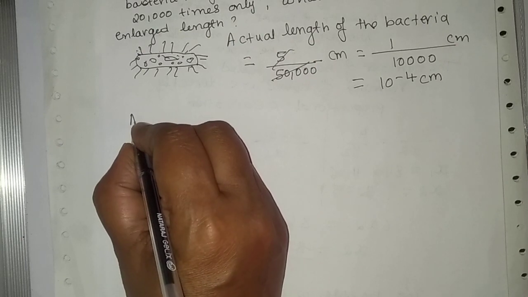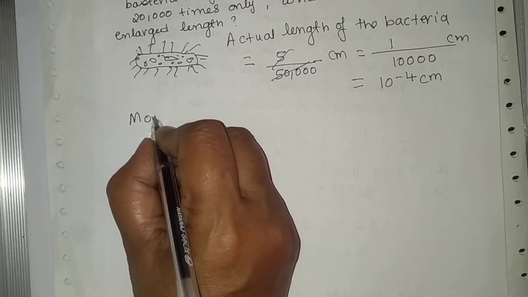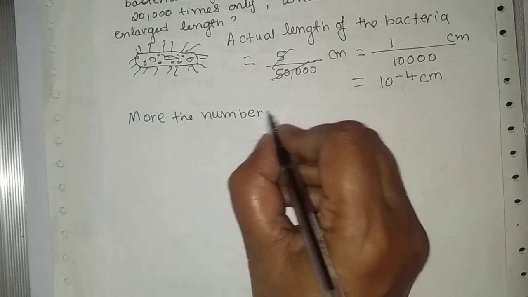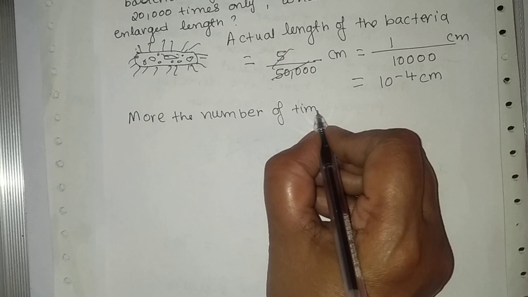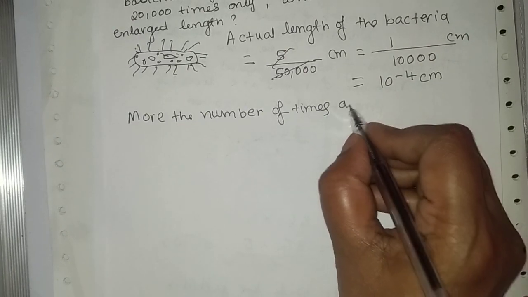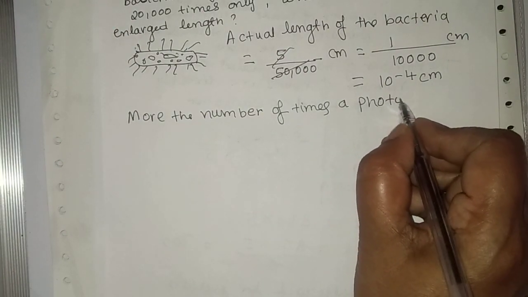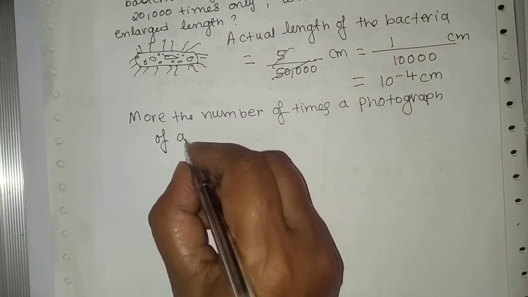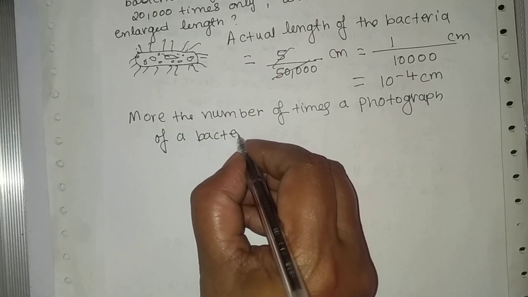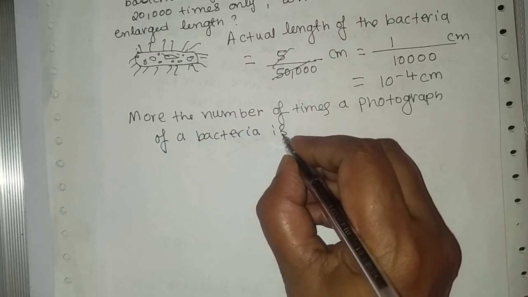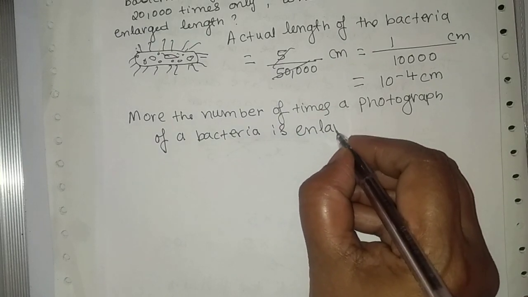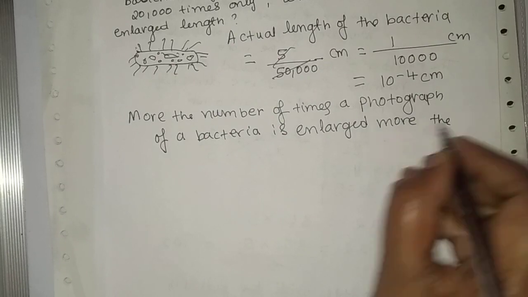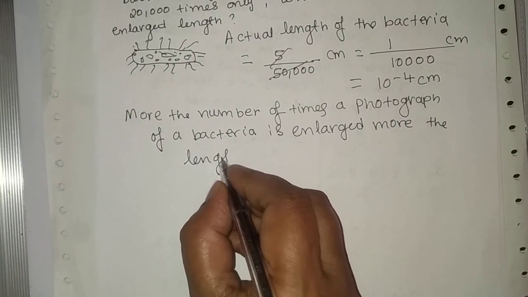So next what we write: the more the number of times a photograph of a bacteria is enlarged, the more the length attained.